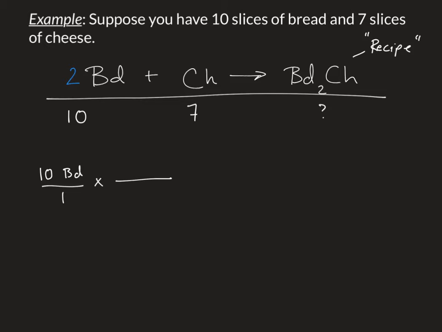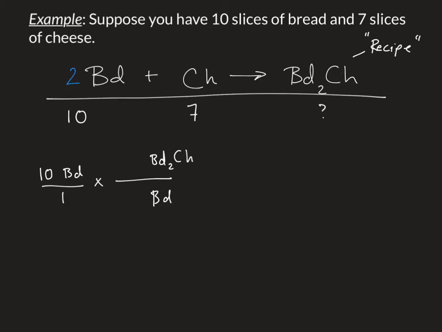So we know that bread is going to go in the denominator, so that bread can cancel. And our sandwich, BD2CH, is going to go in the numerator on top. Again, we're putting sandwich up here because we want to know how many sandwiches we can make using our 10 slices of bread.